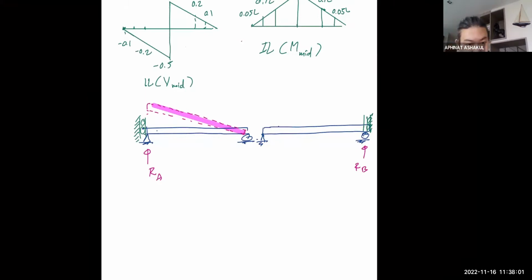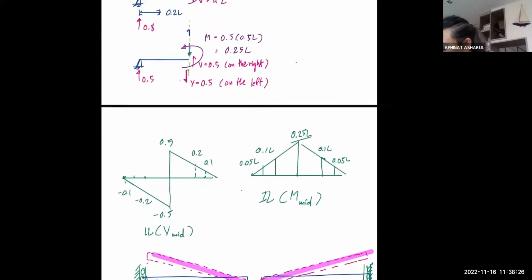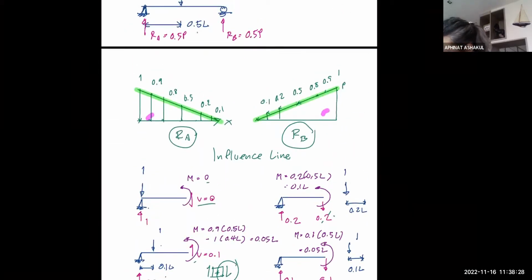And RB, which is also a vertical force, will now move freely upward. So your beam is going to go like that again. See, so that becomes the shape of the influence line of RB, which again, incidentally, looks similar to this.